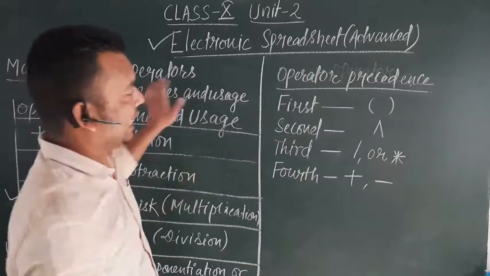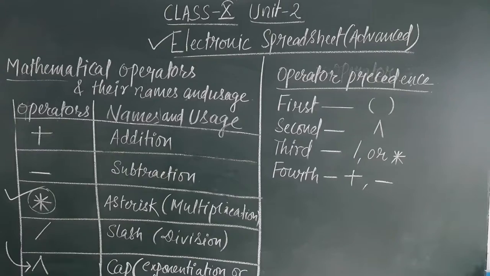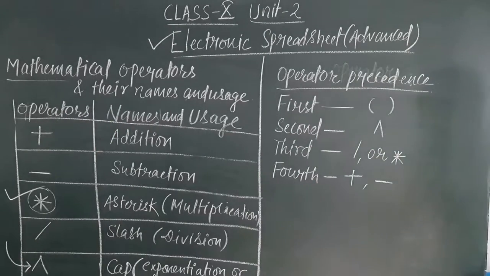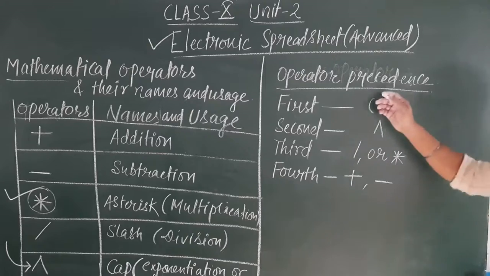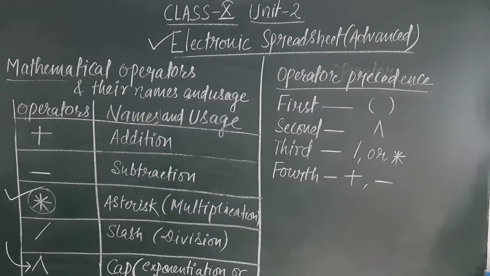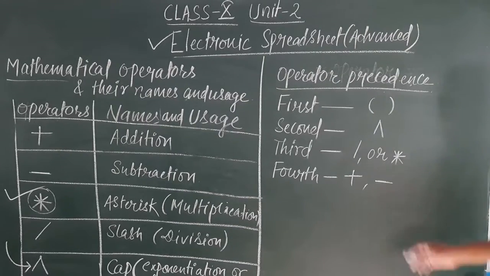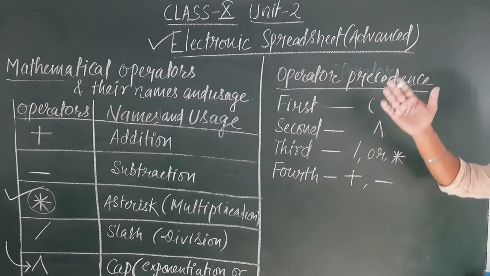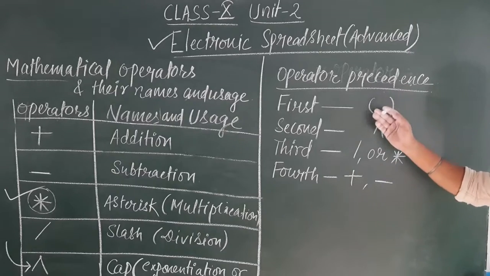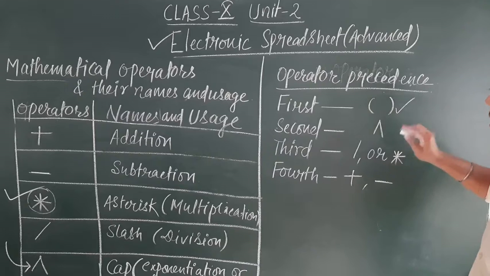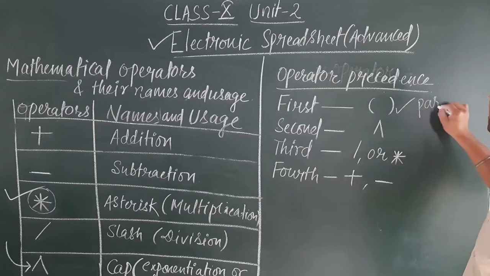Now let us come to the next one, that is operator precedence, meaning in what order we will be utilizing all those operators whenever we are performing any task on our data. What is the sequence in which we will be using our various operators? So as you might know, this is parenthesis, correct? Parenthesis or bracket.